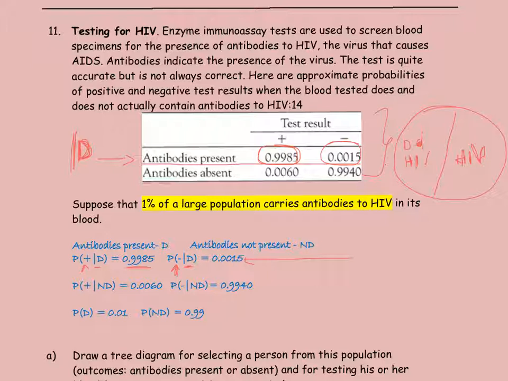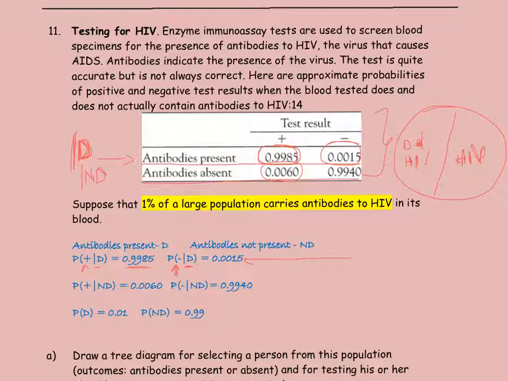Now the second row is for people who are known to not have the antibodies, so let's just call it no disease. A small percent of them still tested positive, so there was a small probability that they would test positive even if we knew that they did not have the disease.